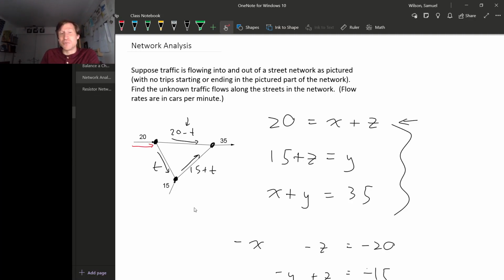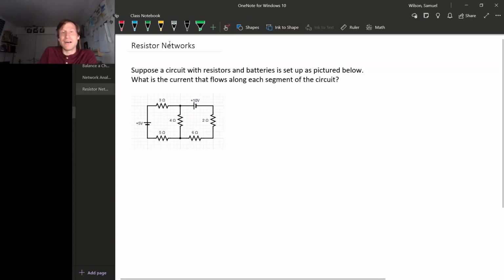Another situation where you have networks like this is in circuit analysis. You might have a network of, say, voltage sources like batteries. Like here we have a 5-volt battery, and resistors. We have some resistors here. The unit for resistance is an ohm, which is symbolized by a capital omega here, and the unit for voltage is a volt, which is a V. What we don't know about this system is if you wire up this circuit, what actual current will flow through this circuit.